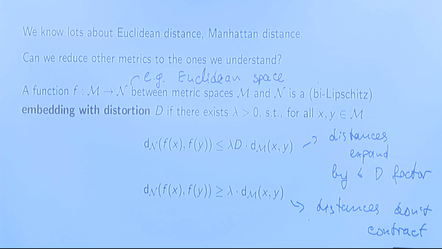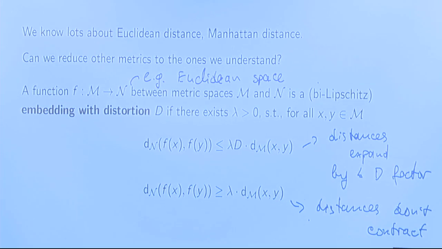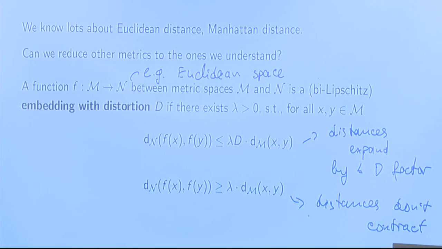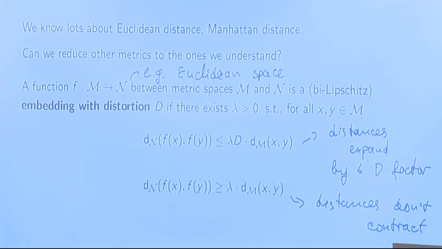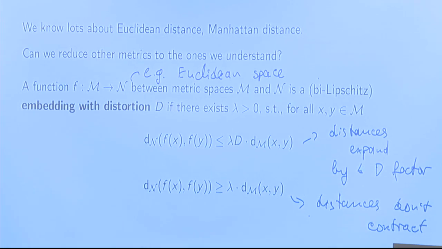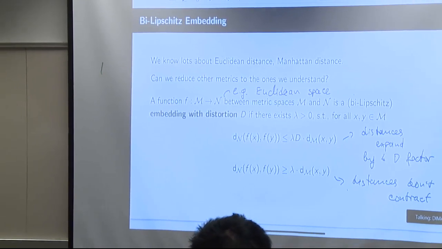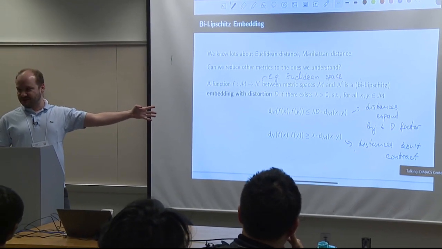And I have this additional factor lambda, which is mostly a technical thing. It just allows us to scale things. This factor lambda is there because I can take my metric space and just divide every distance by half, and I still get a metric space. I want to say that this is effectively the same metric space, and this is what lambda is there for.